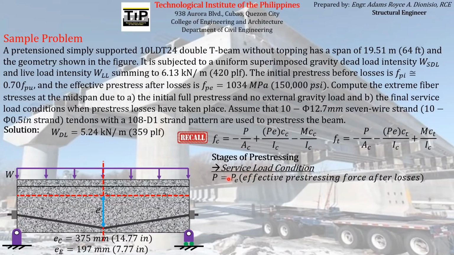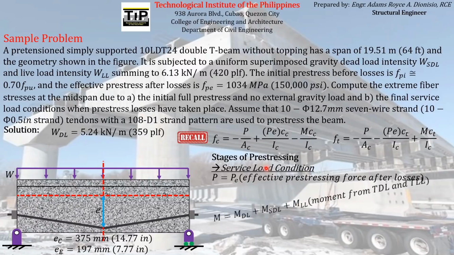This is the pre-stressing force acting on the pre-stressing reinforcement after those losses already occurred, which are the reason why the initial pre-stressing force diminishes in value down to a value of PE, the effective pre-stressing force. So that is the magnitude of the pre-stressing force acting on the pre-stressing reinforcement at service load.